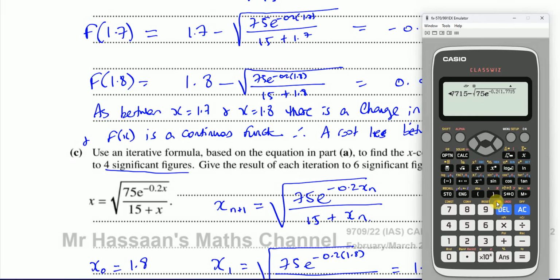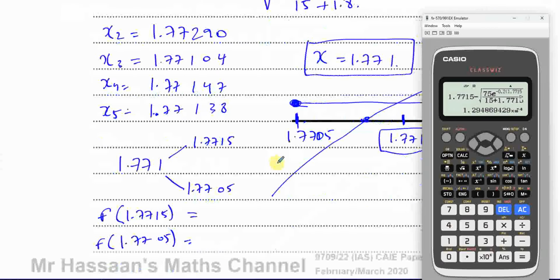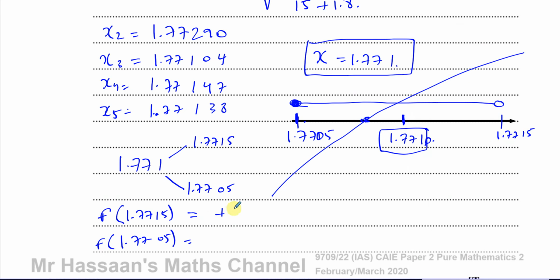Okay, close that bracket, over 15 plus 1.7715. Now that gives us a positive value, 1.29 times 10 to the power of minus 4. So positive 1.29 times 10 to the power of negative 4.